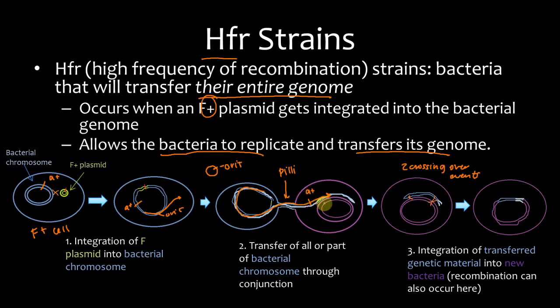So by the time that, let's say we stop conjugation, and then wow, that was like really loud and obnoxious, and then we have our A plus gene here, then when this recombinant section of DNA gets integrated into the bacterial chromosome, well, this A plus gene comes with it. So suddenly, you're left with a final acceptor cell that has the A plus gene that came from the donor cell originally.